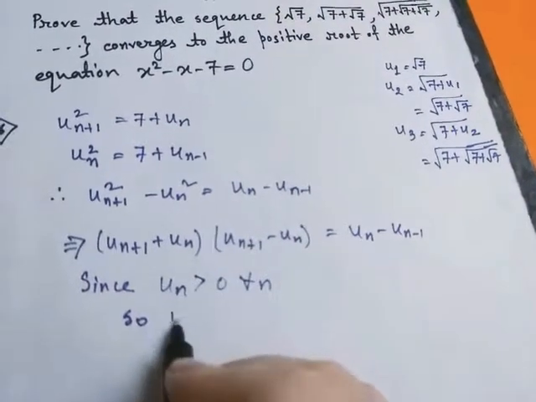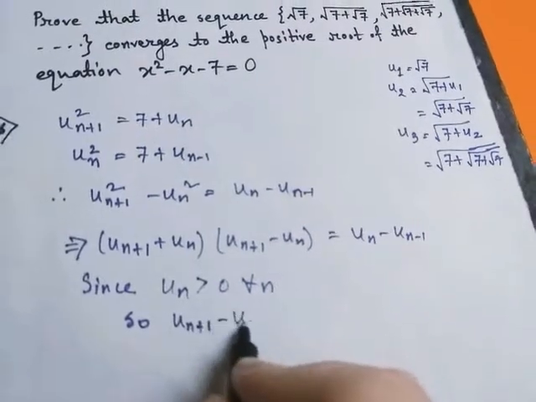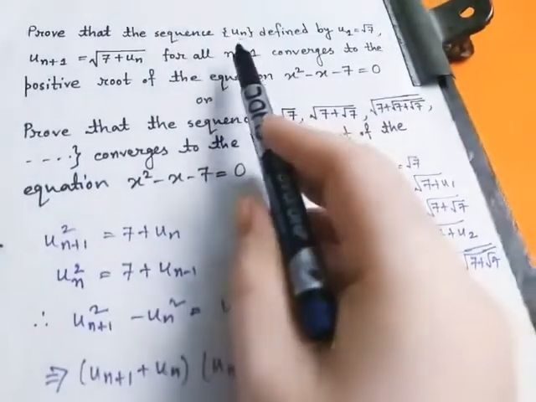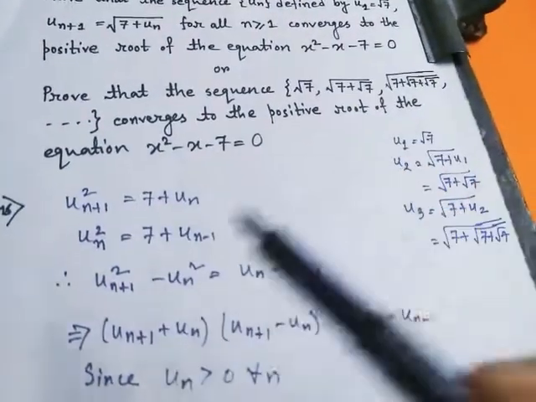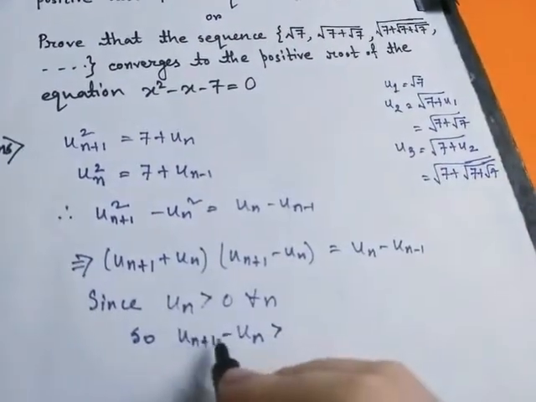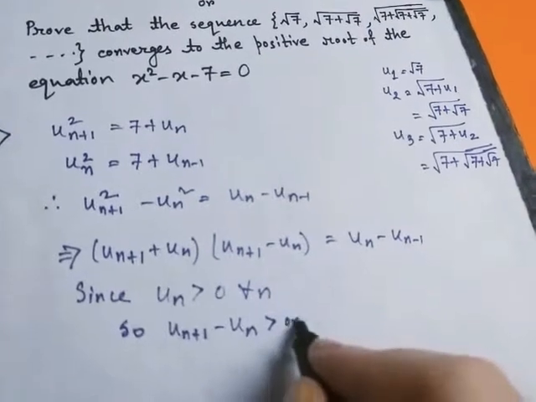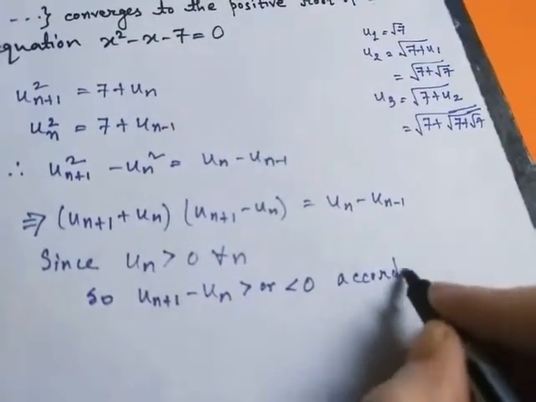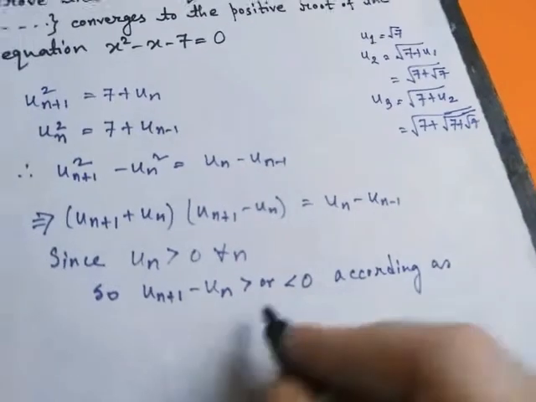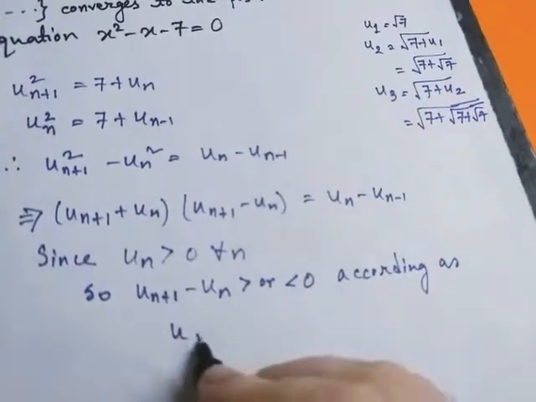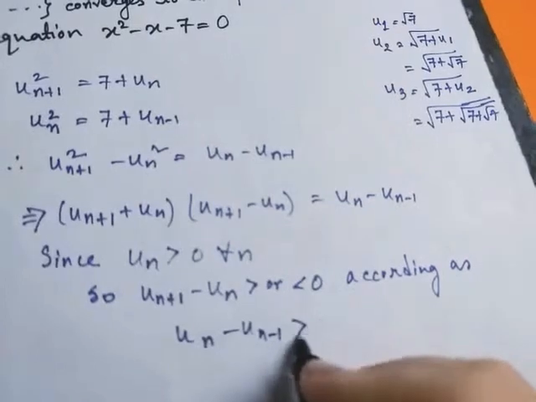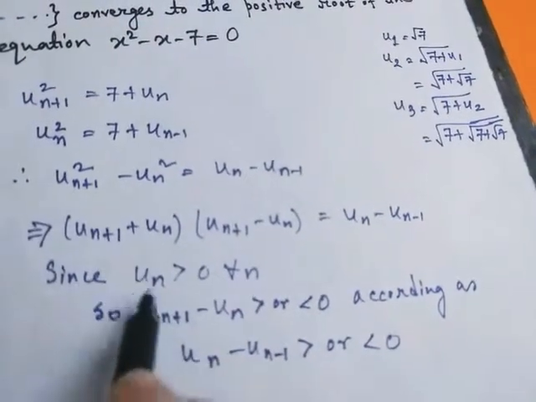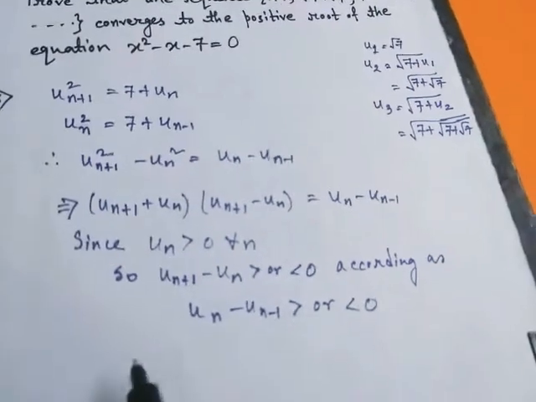so this is always positive. So u_{n+1} - u_n, we do not know whether this sequence u_n is monotonically increasing or decreasing. So u_{n+1} - u_n is greater than or less than 0 according as u_n - u_{n-1} is greater than or less than 0, because the other factor is always positive since u_n > 0 for all n.